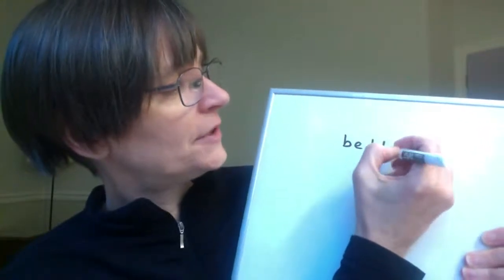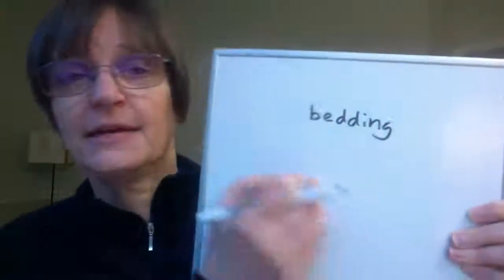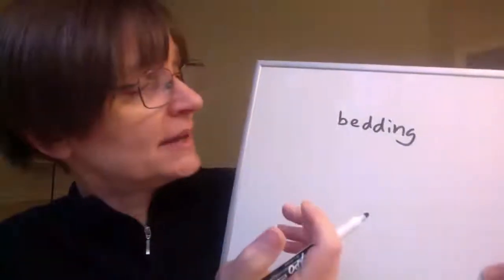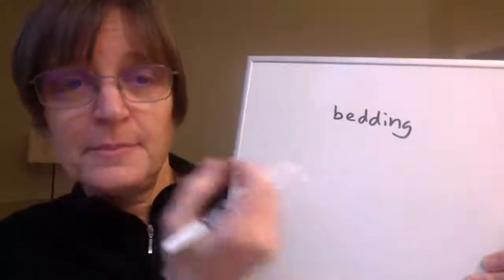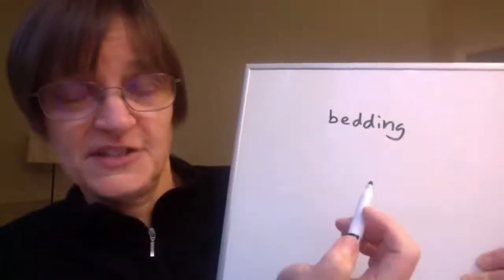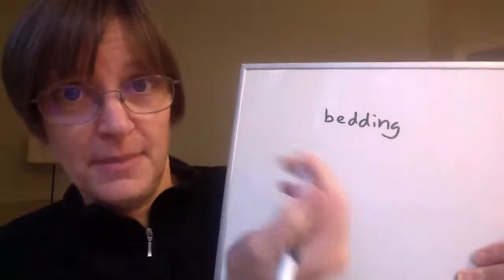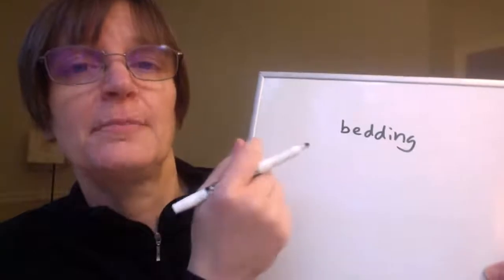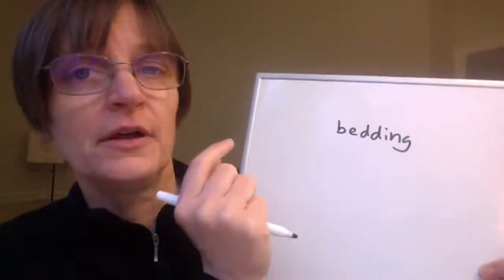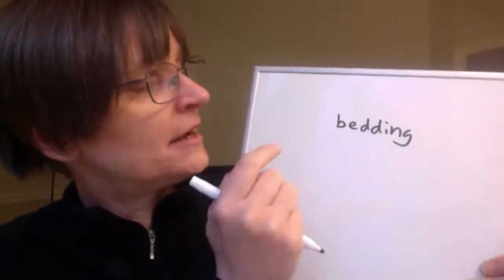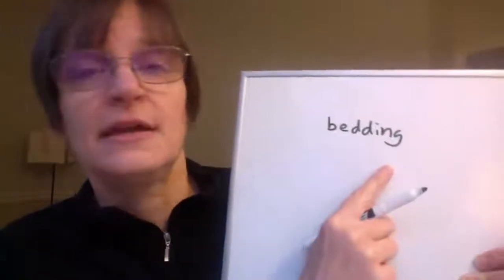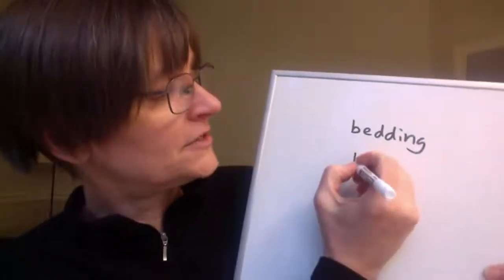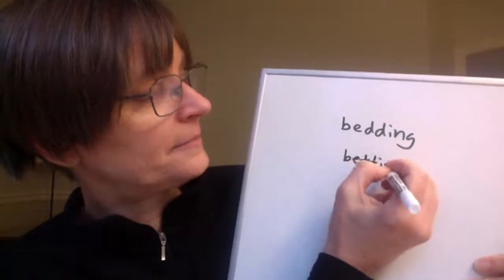So for example, if I try this word, bedding, like the bedding on my bed, the sheets and blankets, in the middle of words, my D is very similar to a flap T, bedding, bedding. I'm very light, I'm touching up. I'm not really saying bedding with a hard pushed out D sound. And so if I can say bedding, I can also say betting.